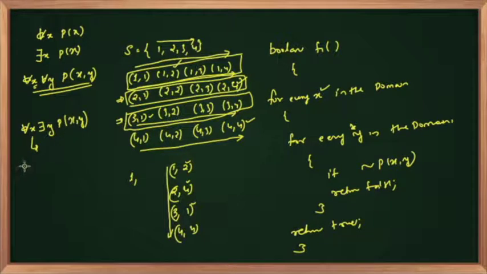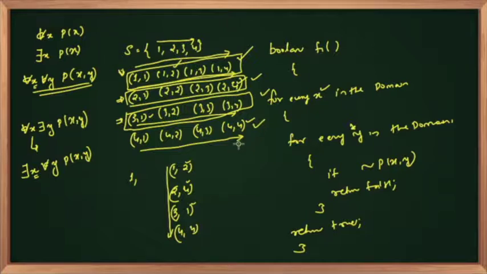Now if I have there exists an x for all y, P of x comma y, it means there exists an x, so for example if I take x as this one, then for all y, P of x y should be true. That means this row is completely true. Since it's there exists an x, either this row is completely true, or this row, or this row.